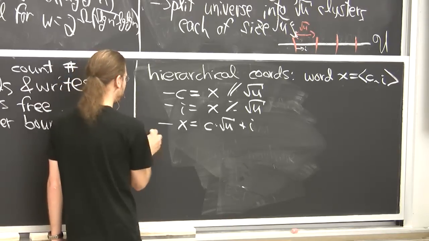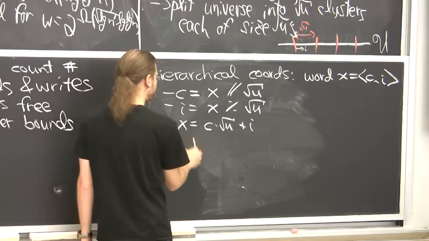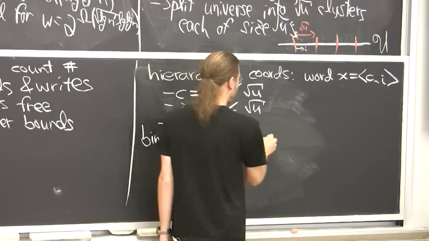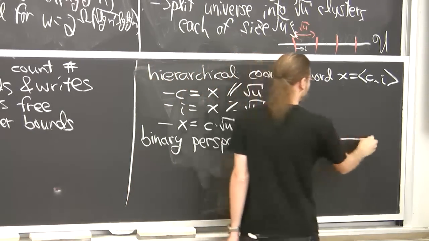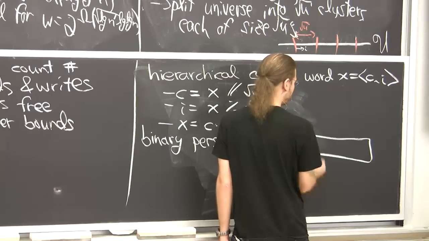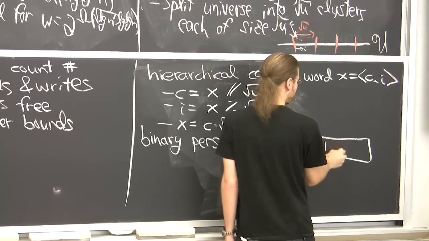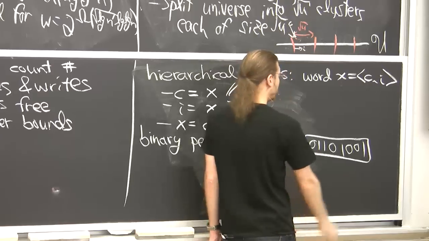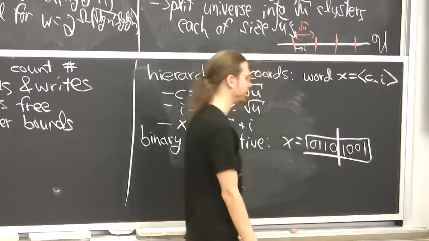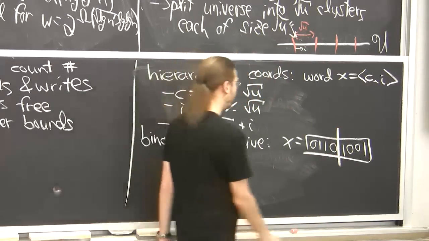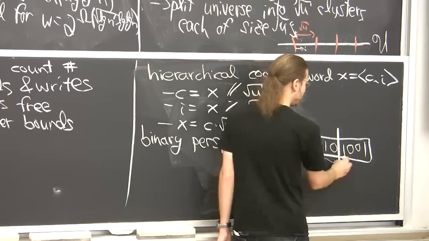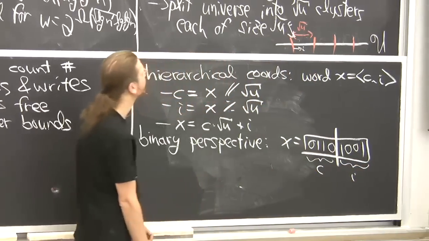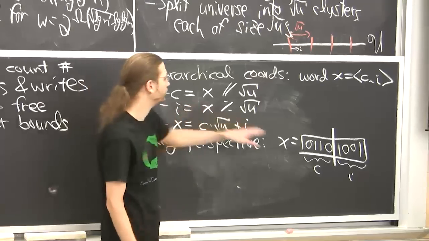So the binary perspective is that x is a word, so it's a bunch of bits, right? 0, 1, 1, 0, 1, 0, 0, 1, whatever. Divide that bit sequence in half, and then this part is c, this part is i. And if you assume that w is a power of 2, these two are identical.